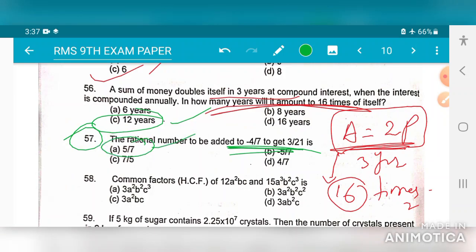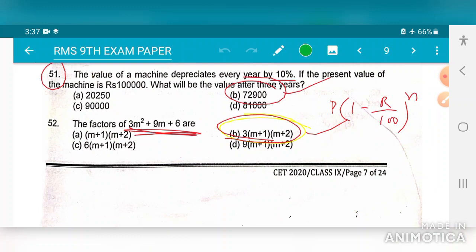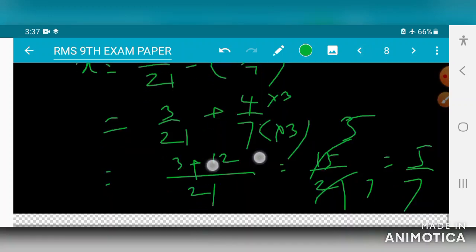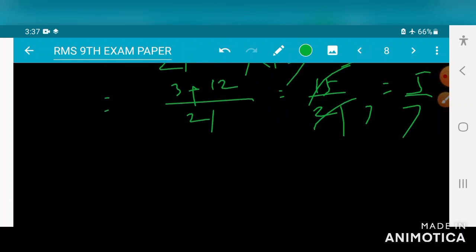Next one: the HCF of 12a square bc and 15a cube b square c cube. This is question 58. It's also very easy.